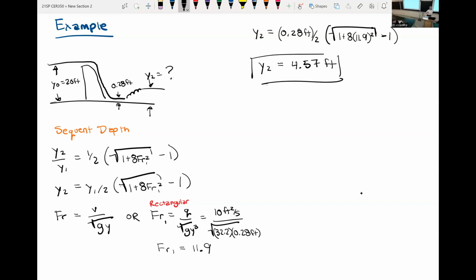Okay, let's go over to the lab for the next example problem. We're going to calculate the force on a sluice gate, and we're going to set up the sluice gate in the tunnel and go through it there.